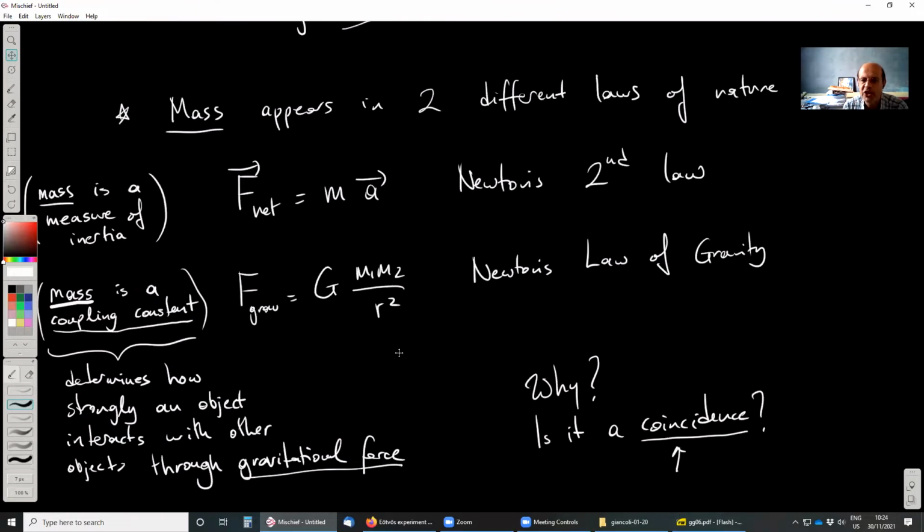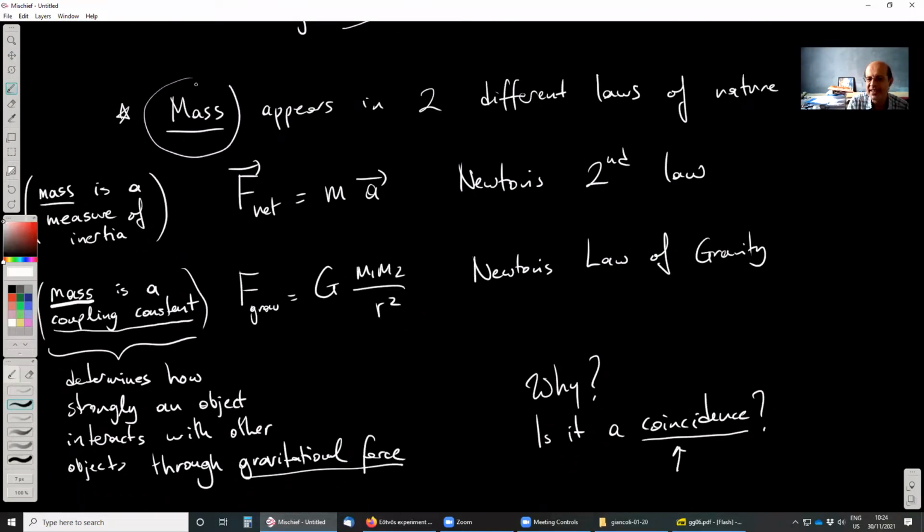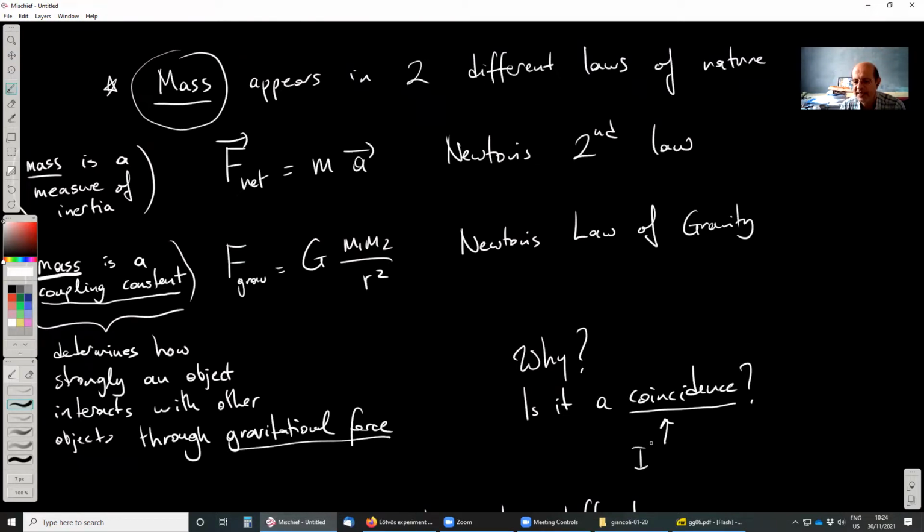So it is the same quantity that appears in two different laws of nature. And since it cannot be a coincidence, it has to be explained. There has to be some explanation of why this has to be so.